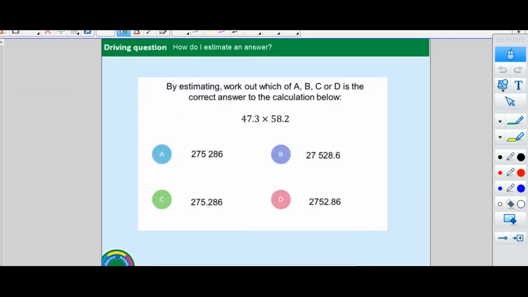Good stuff. Now I'd like you to have a try at these questions. By estimating, work out which of A, B, C or D is the correct answer to the calculation below. Have a think about which answer you would give.